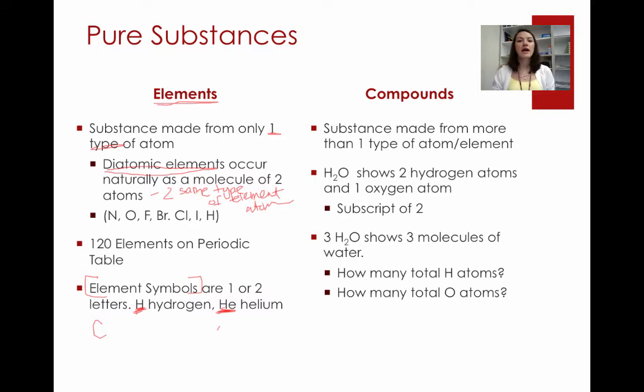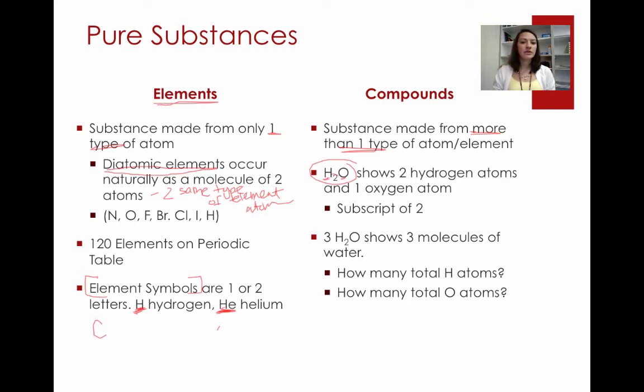Elements are kind of the building blocks of the rest of what we're talking about. Compounds are when we have more than one type of atom, more than one type of element. Water is a great example of that, H2O. In this formula we've got a capital H and a capital O, so we've got 2 different substances, hydrogen and oxygen.